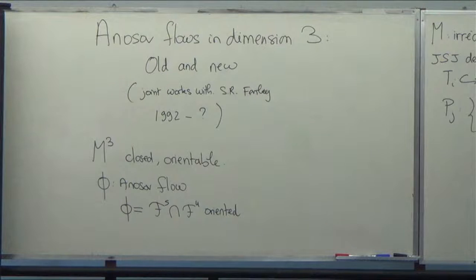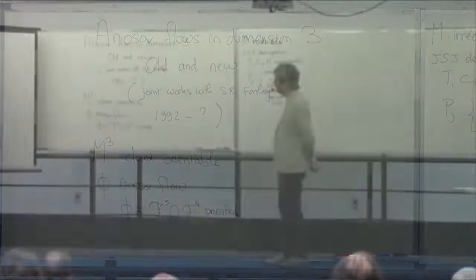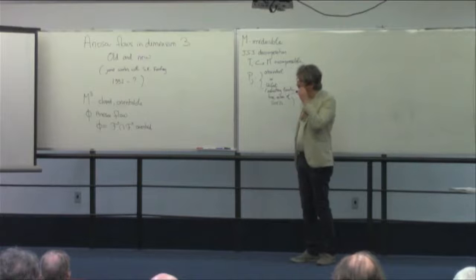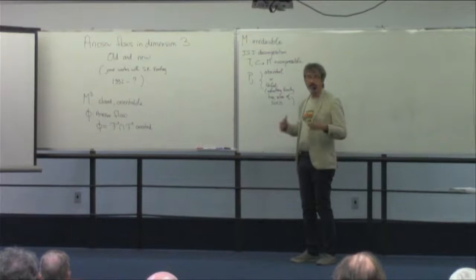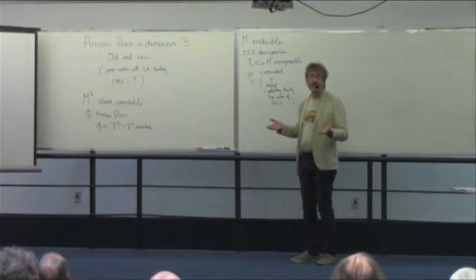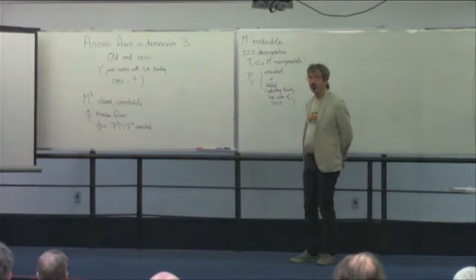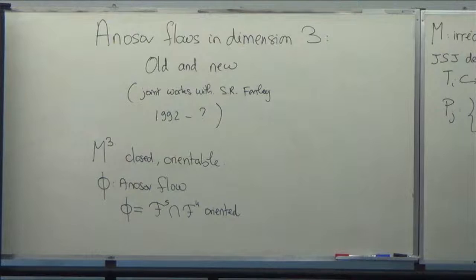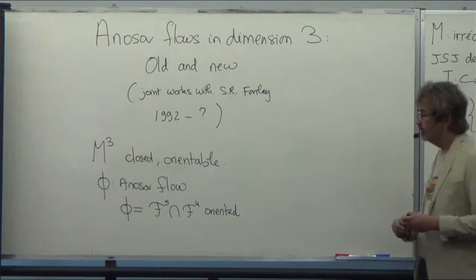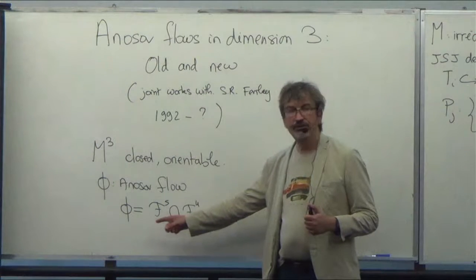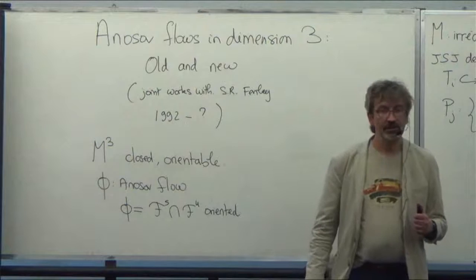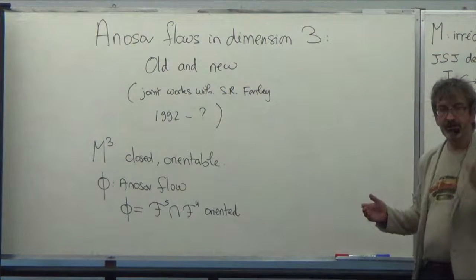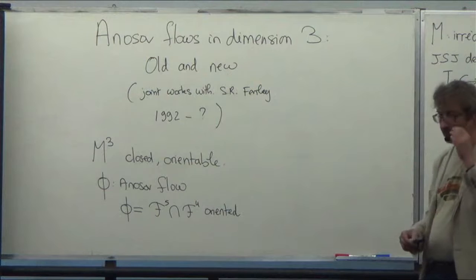So what we deal with is, as Rachel said this morning in her talk, a closed orientable three-manifold. On this we have some Anosov flow. It could be pseudo-Anosov, since the theory we are doing with Sergio is much concerned with the case of pseudo-Anosov flow. But we see a topological Anosov flow more like the intersection between two transverse codimension one foliations, the stable foliation and the unstable foliation.